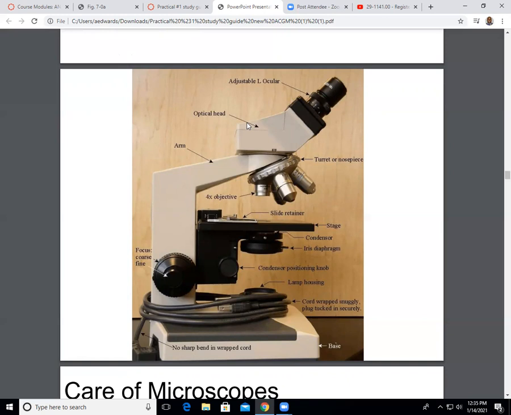So the condenser is just above the diaphragm. All right, your lamp, your base, coarse adjustment knob, fine adjustment knob. Those are your basic parts of a microscope.